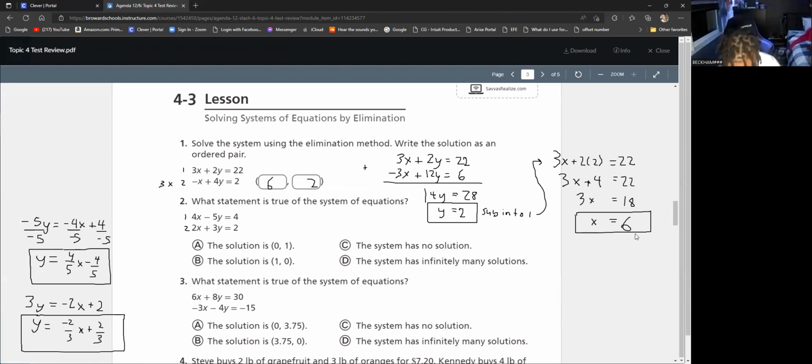Okay. All right, so we got y equals two different things. Now what? If y equals two different things, what can we say about those two different things?